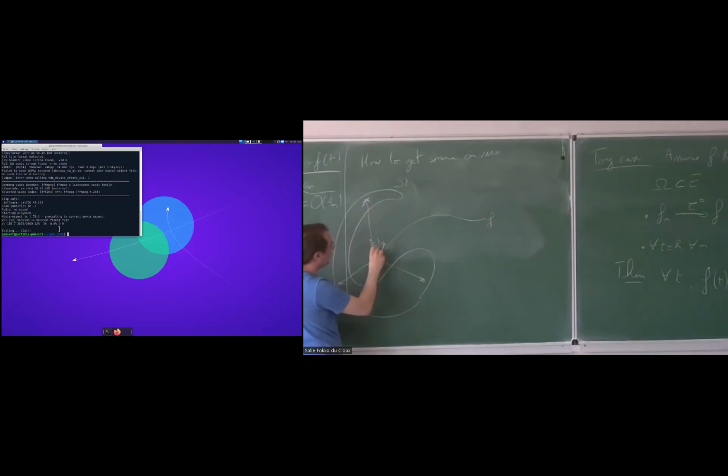Then I follow for some time proportional to the barycentric coefficient this direction, and then I need to follow the blue direction for some time, and then I need to follow the green direction for some time. The amount of time is given by the barycentric coefficients, and I do that during a time epsilon, and then I get a new trajectory which is piecewise affine. And at the end of the trajectory I will be very close to f of epsilon.